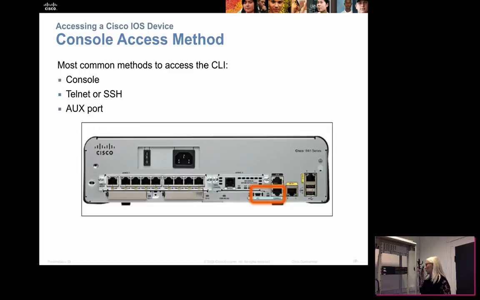And when there is nothing configured, you don't have a networking address on these devices, so you need to connect to it by using a very specific cable, which is called a console cable. It's these blue things here we have up in the lab. So we connect this to the console port on the switch and the other end to my computer, and then I can get access to it in that way.